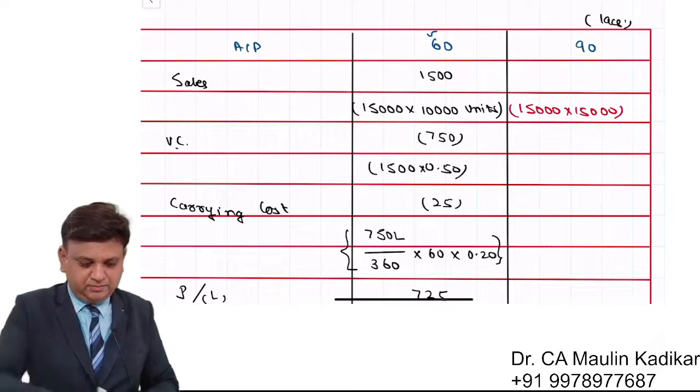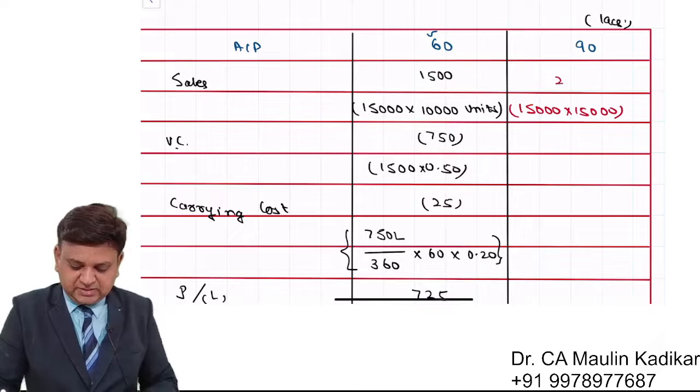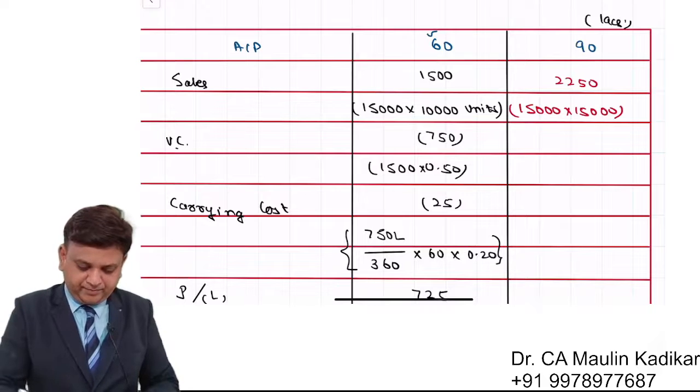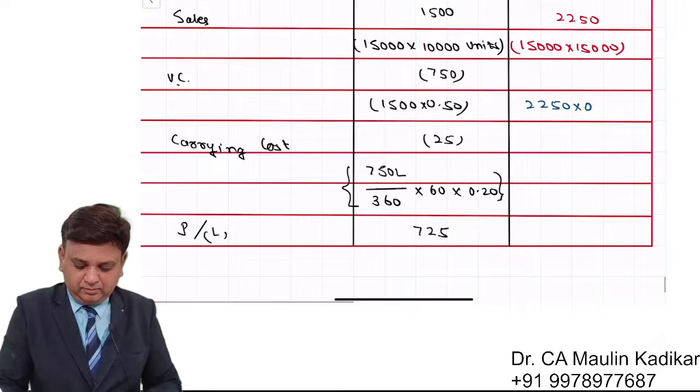So it comes to 2250 lakhs. Variable cost would be half of it, 1125 lakhs.